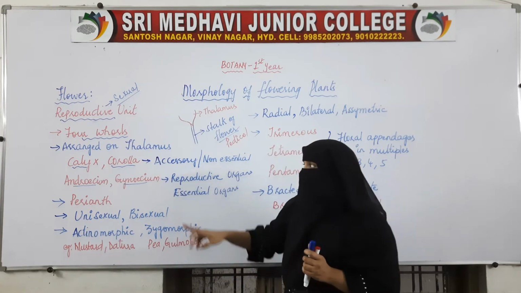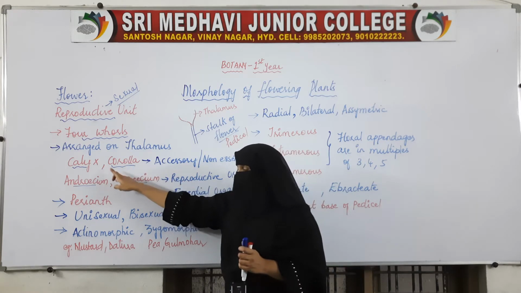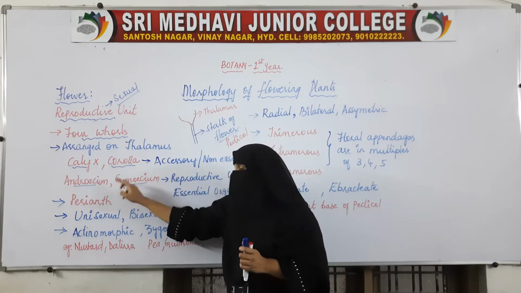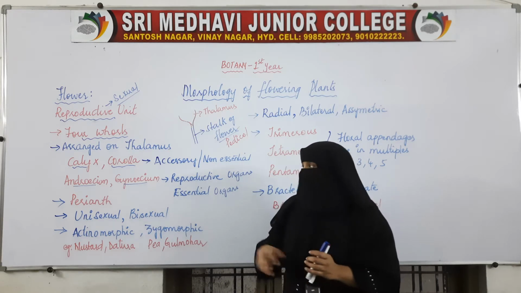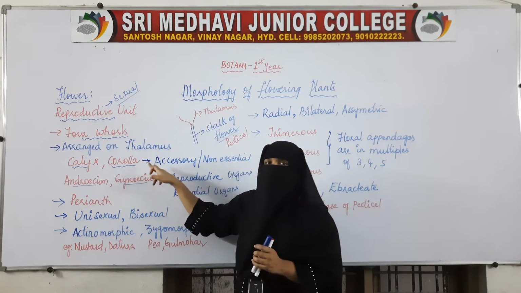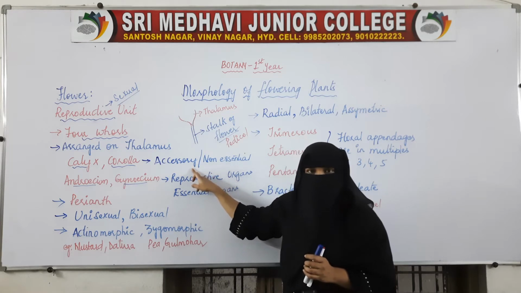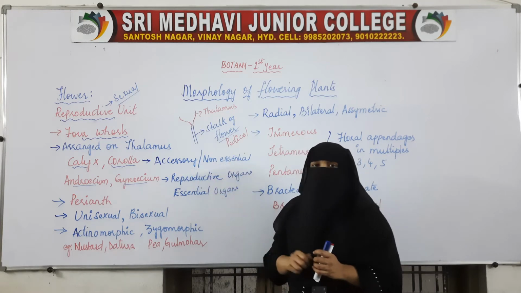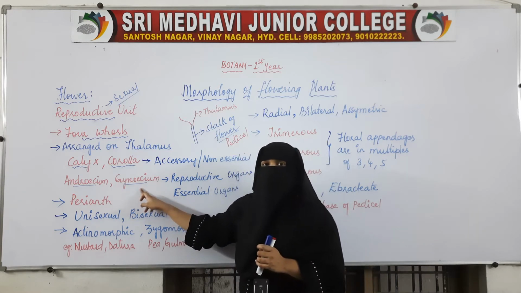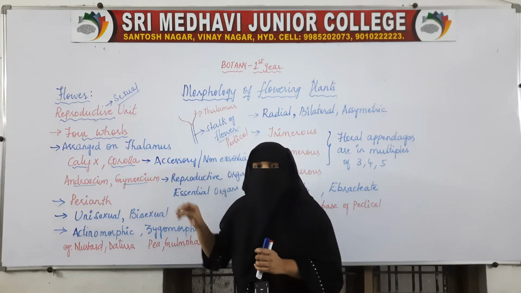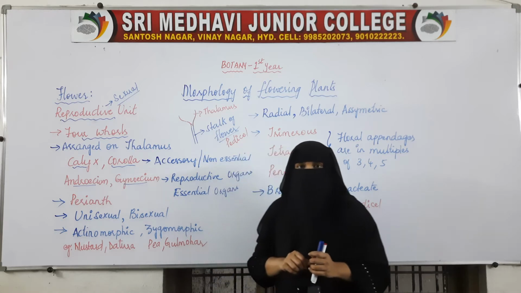But here, as of now, these two, that is calyx and corolla, will support androecium and gynoecium in performing sexual reproduction. So, calyx and corolla are called accessory organs or non-essential organs, whereas androecium and gynoecium are called the reproductive or essential organs.